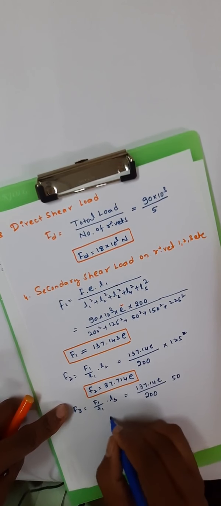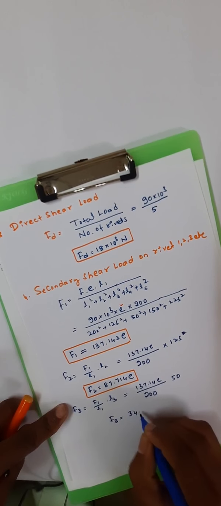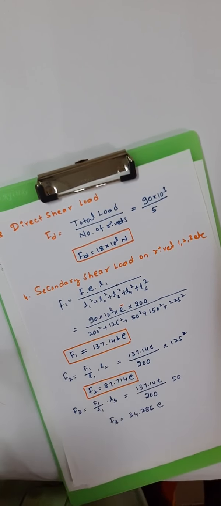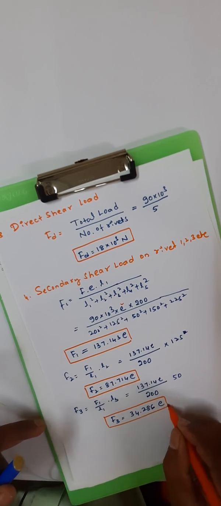If you simplify this, F3 is equal to 34.286 E. This is the value for F3.